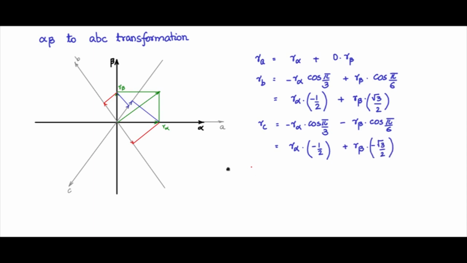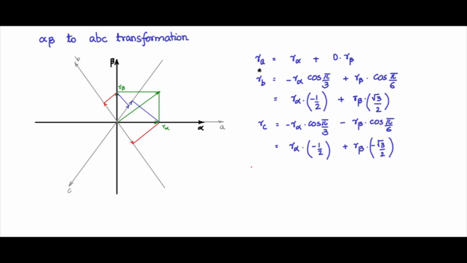Now there is another important point that you have to note. Remember that while we transformed the vectors from ABC to alpha beta, when the ABC amplitudes are unit amplitudes, that is the three 120 degree phase shifted sine waves RA, RB, RC having unit amplitudes, then the amplitude that resulted was 3 by 2 in the alpha beta domain.